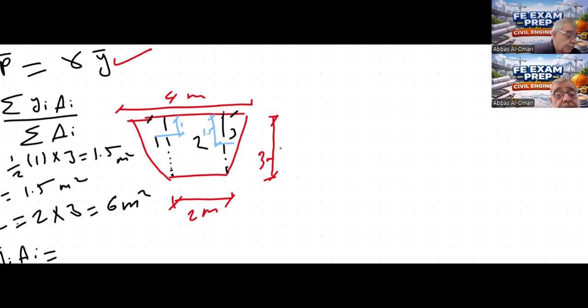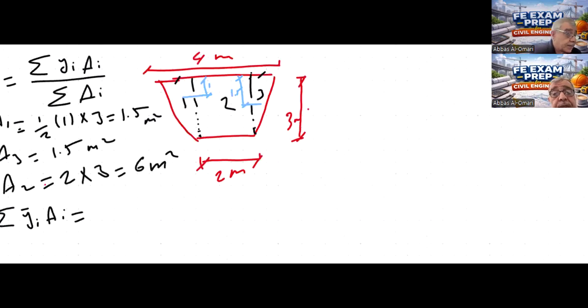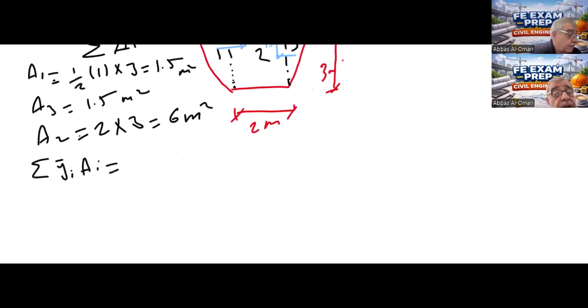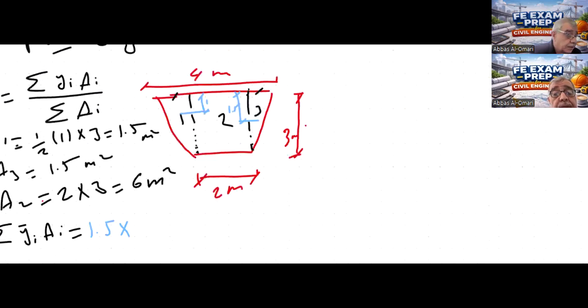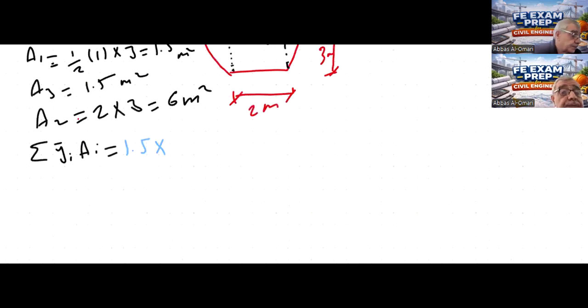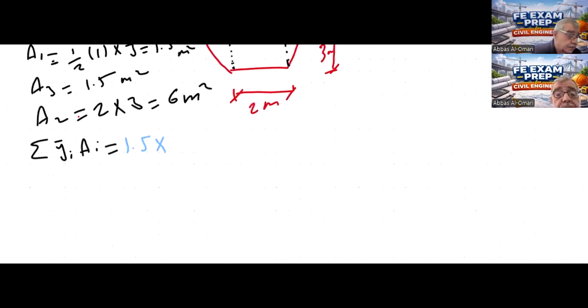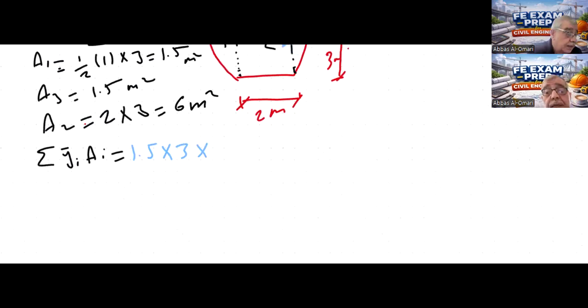So we go back and apply here. So Y1 is 1.5 multiplied by 1 plus 2 multiplied by 3, multiplied by 2 for the two triangles, plus for the rectangle, the area is 6.